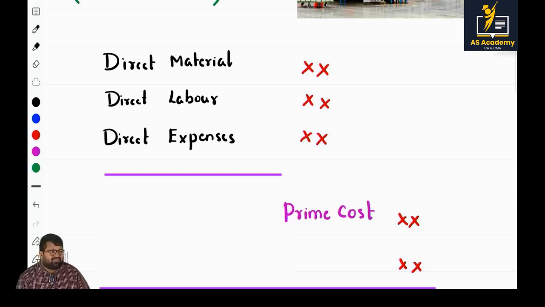While you are manufacturing goods, are only these 3 costs incurred, or are any additional costs incurred?